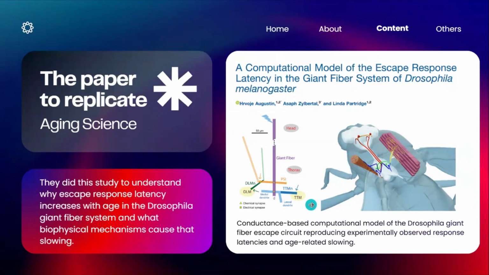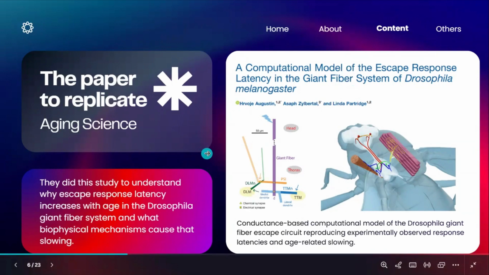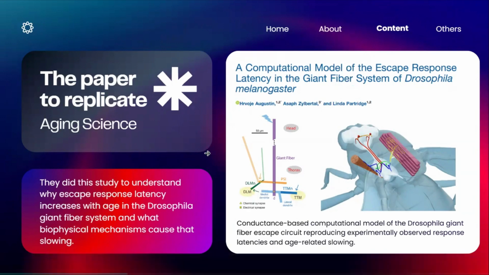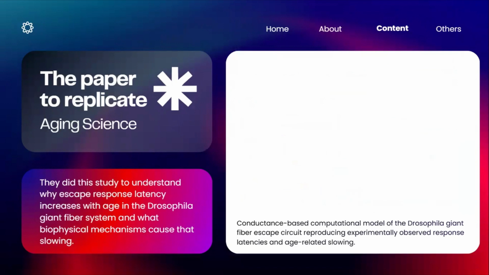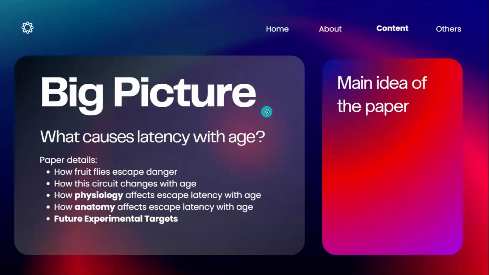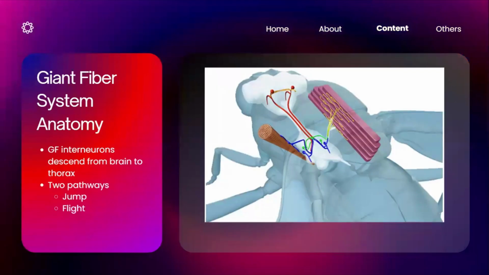And they were looking at conductance for a lot of this as well. So big picture, we were looking at how these fruit flies were escaping danger, how the circuit changes. Is it a physiological change or maybe it's more anatomical? And then we can also use these computational tools for future targets as well.